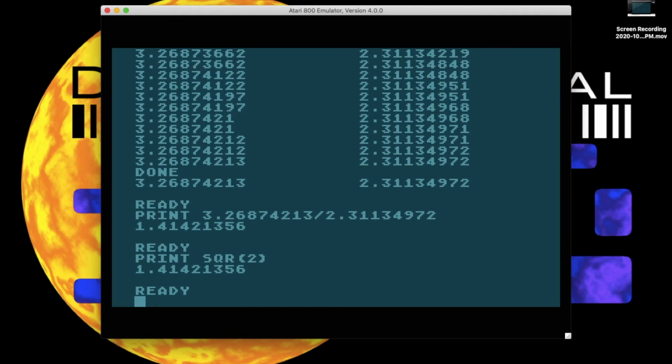whole numbers. An integer processor can calculate integer numbers. It gets confused when you start moving the decimal point around.